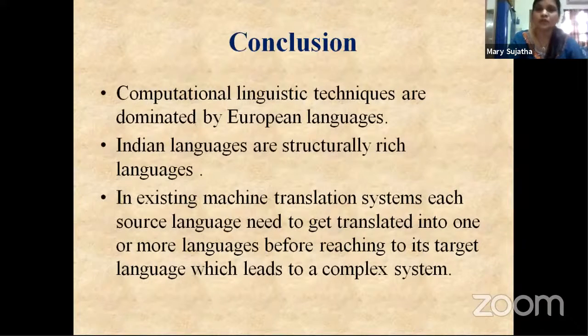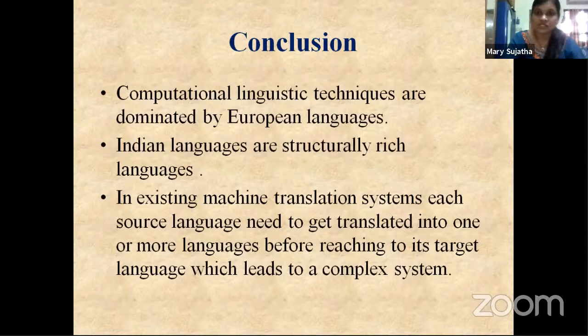And finally, what I would like to conclude here is, as we know, different sets of models are already there, and different sets of algorithms are also available. Then why are we still going with this topic? The thing is, existing algorithms are more friendly with European languages, as they got developed there. And secondly, our country's Indian languages are really structurally rich and complex in nature.